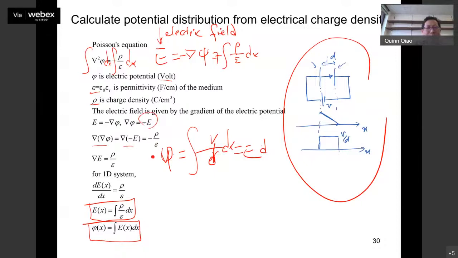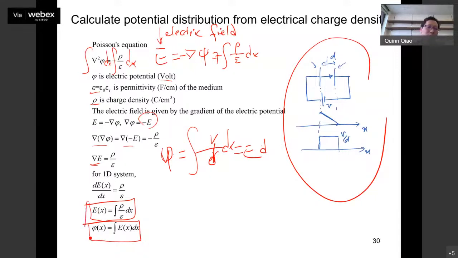This negative, so eventually the gradient of E, that's the electric field gradient, you get energy. So this is the electric field, and here is energy or potential.